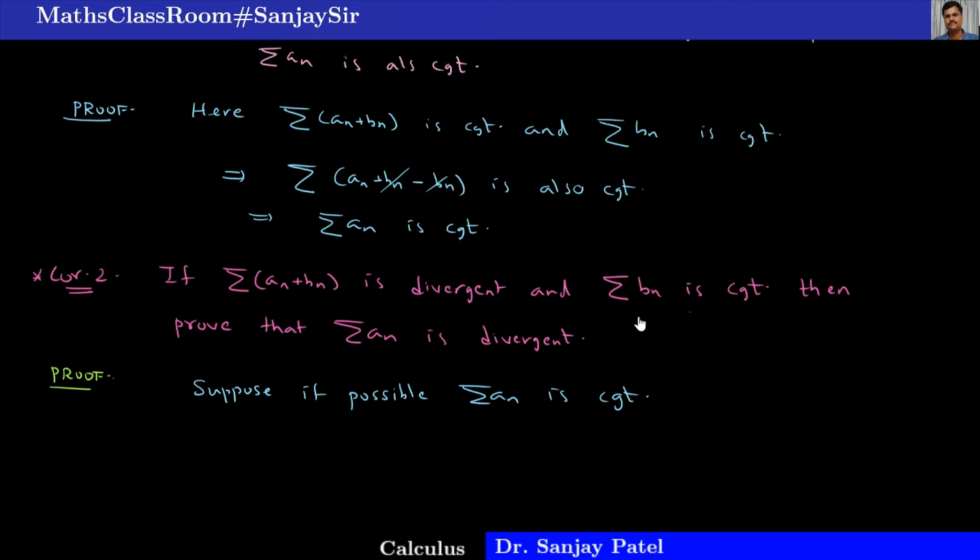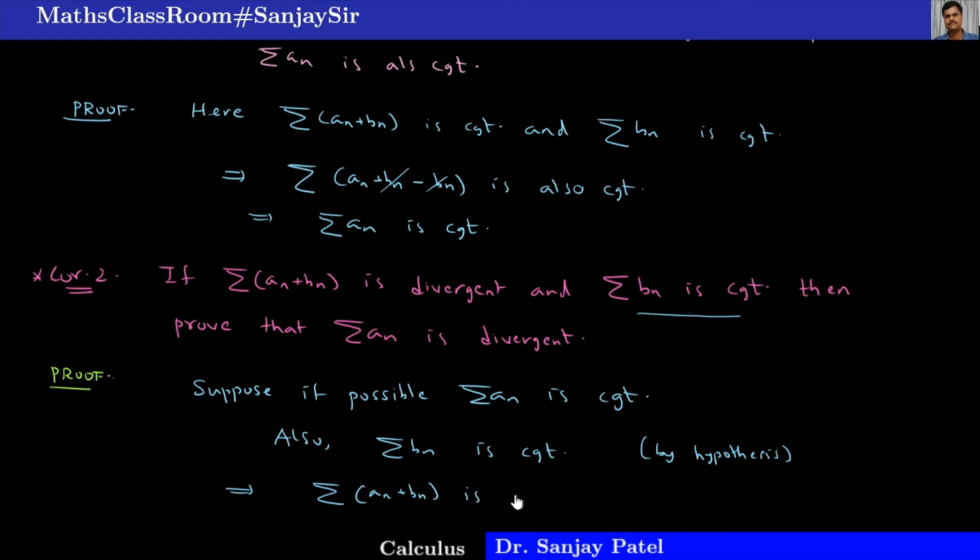But we are also given that sigma bn is convergent. It is given in the hypothesis. Sigma an is convergent, sigma bn is convergent. Then from theorem 1, sigma an plus bn is also convergent.